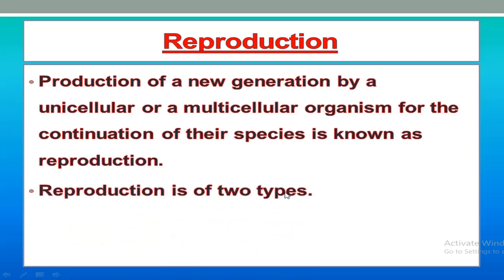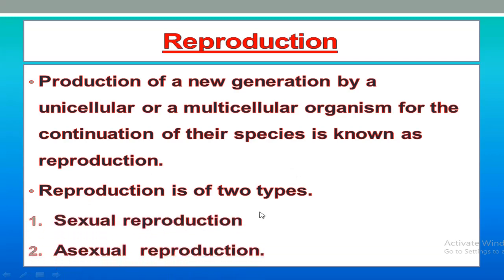Reproduction is of two types. What are the two types of reproduction? One of them is sexual reproduction, and the other is asexual reproduction. What is sexual reproduction? Sexual reproduction means reproduction that occurs through the intermediation of the sexual process between male and female.